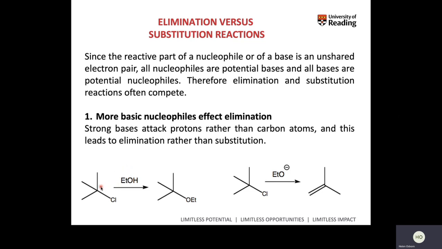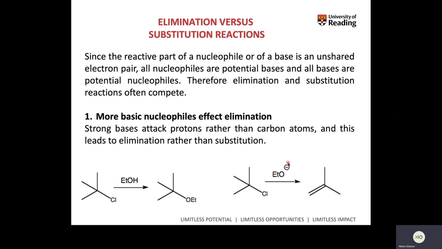It will attack the tert-butyl with the loss of the chloride. It's likely to be via an SN1 reaction because this can form a stable carbocation. So here we'd be getting a nucleophilic substitution reaction. Our nucleophile, being the ethoxy part of the molecule, would displace the chloride so that we'd get ethoxy within our molecule. We've got an aliphatic molecule. It's a nucleophilic substitution reaction.